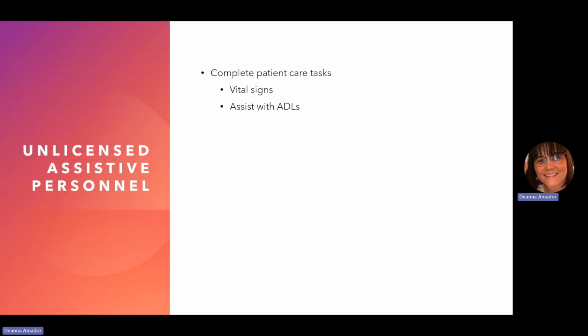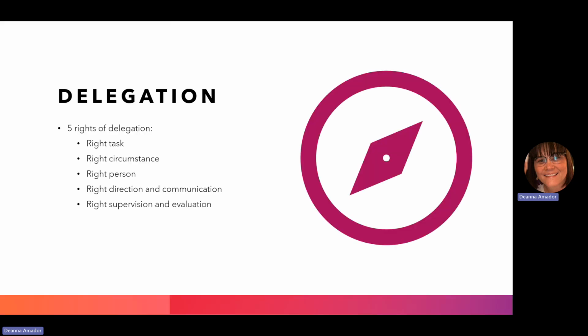Back on that previous slide, if I was talking with a CNA, I would have to make sure I utilize those rights, and maybe I would delegate to them to record hourly I&O or to obtain vital signs. But I would definitely have to make sure that I am using all of these rights with delegation.